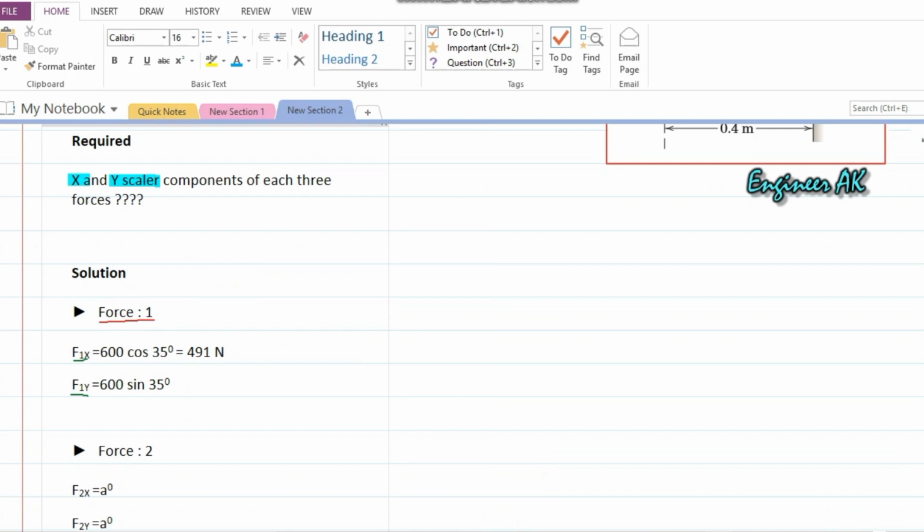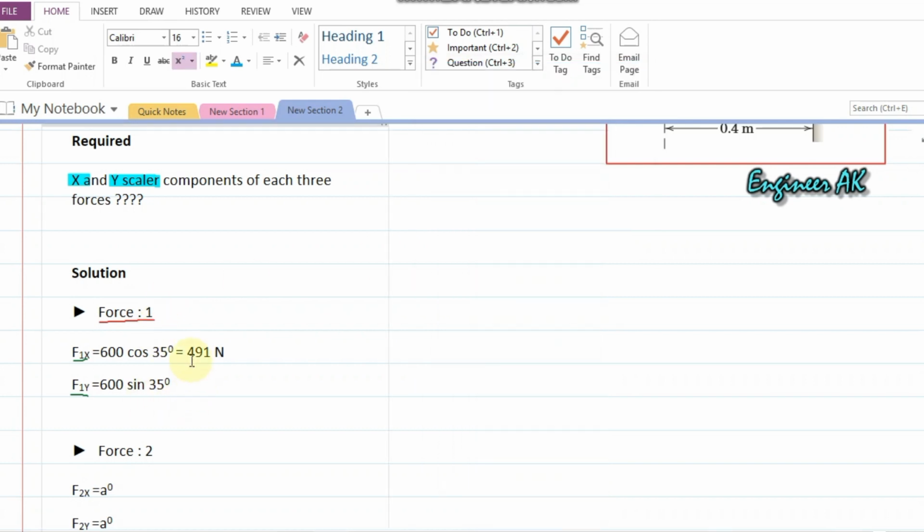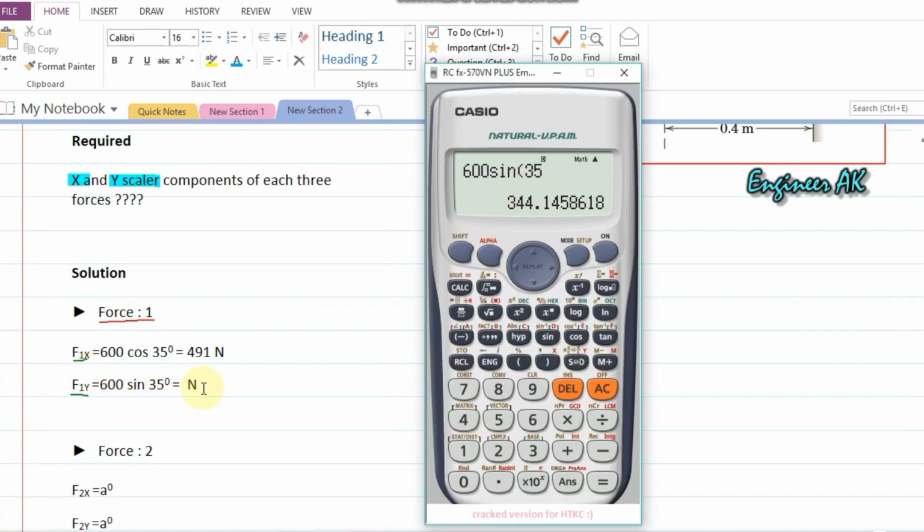And if I want to find the other component, I just replace cos with sine, so it comes out to be 344 Newton.